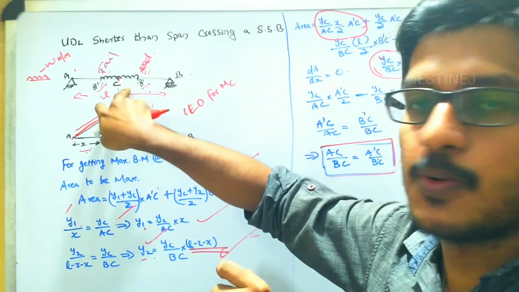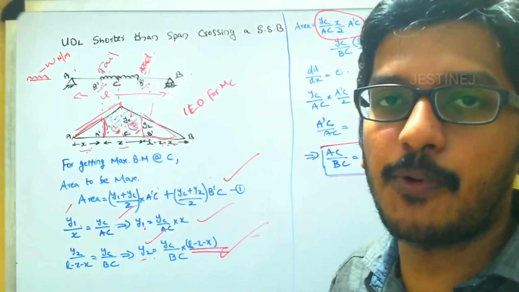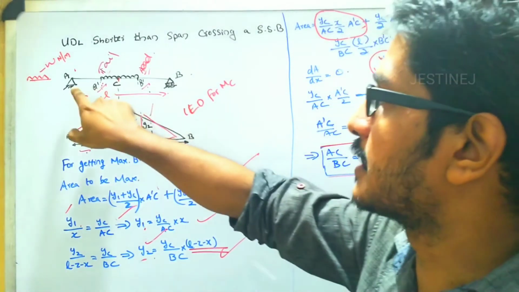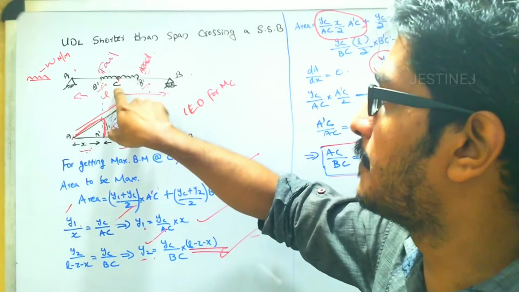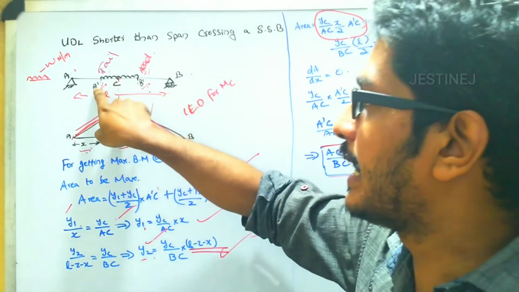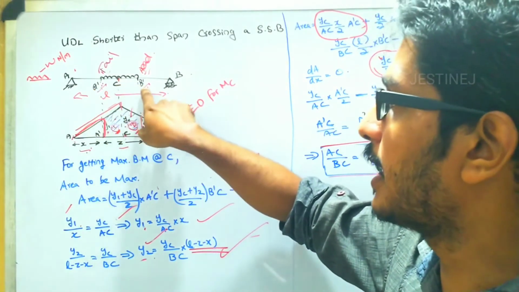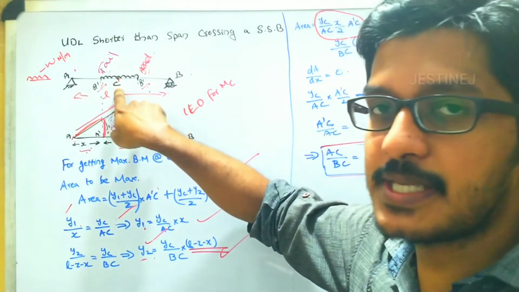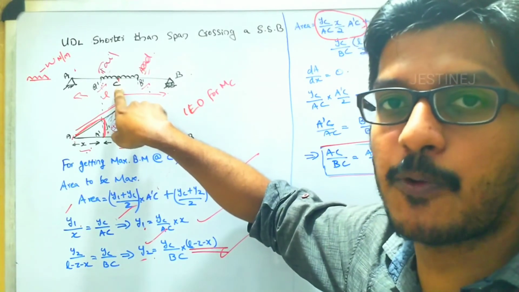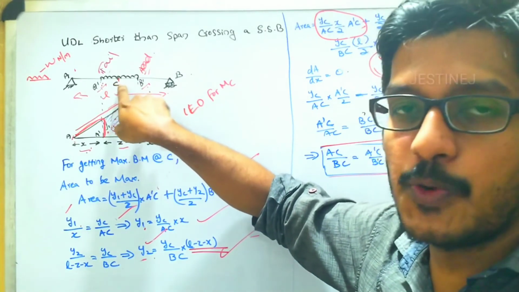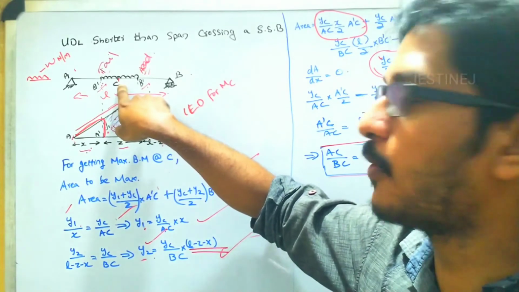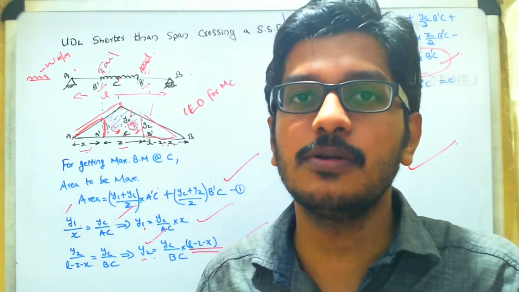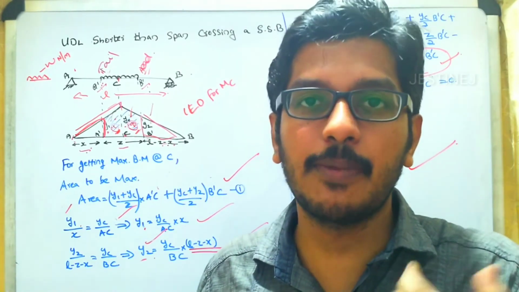Once again I will repeat: AC by BC will be equal to A dash C by B dash C, which means that this point C divides the beam in the same proportion as the UDL is divided by the point C. With this concept we will work one problem in the coming lecture.